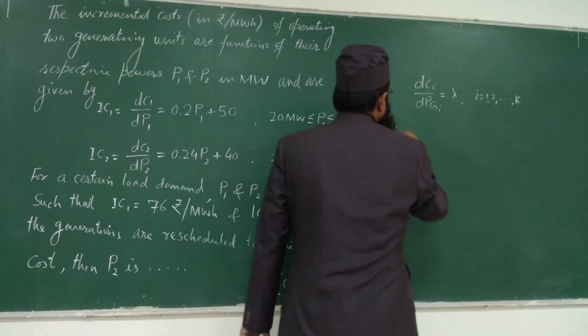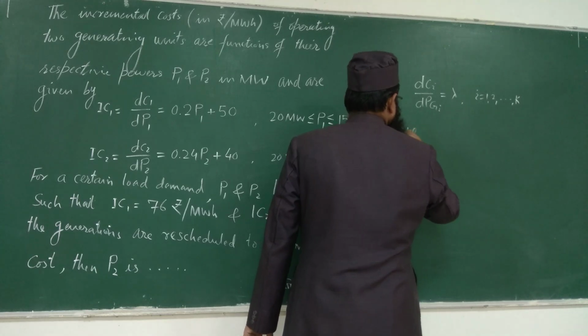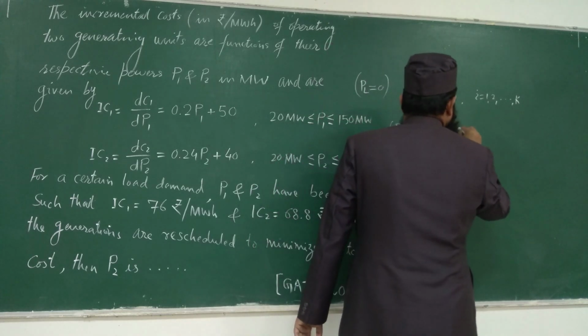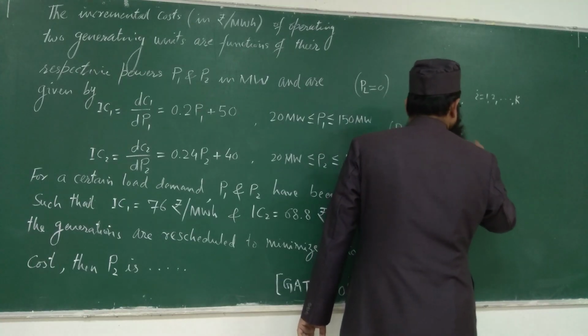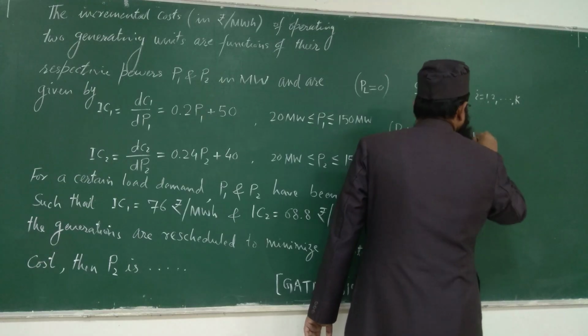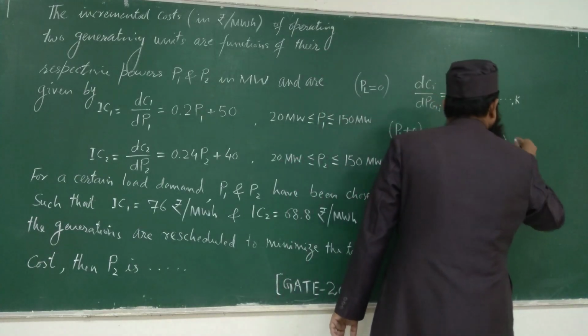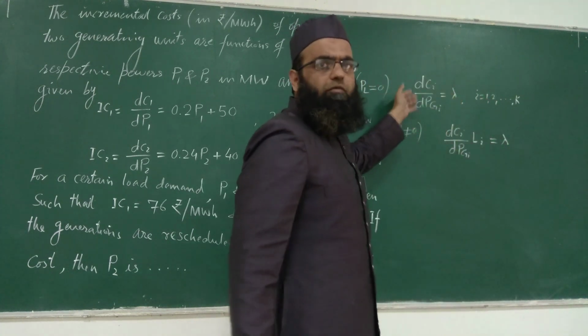When we consider the case when PL is not equal to 0, meaning we are considering transmission losses, the condition modifies to Li, the penalty factor, times the incremental fuel cost of the ith plant equal to lambda.